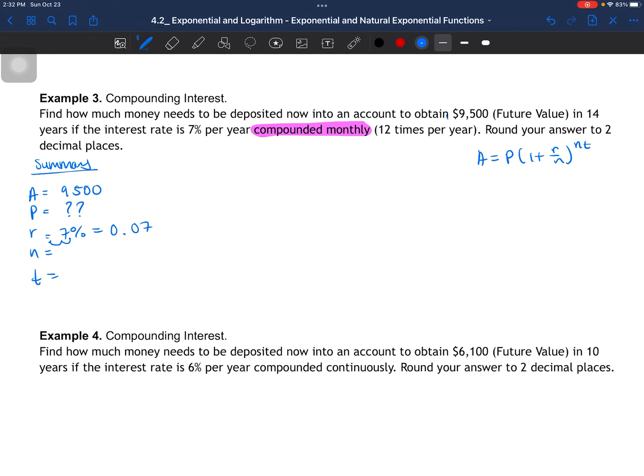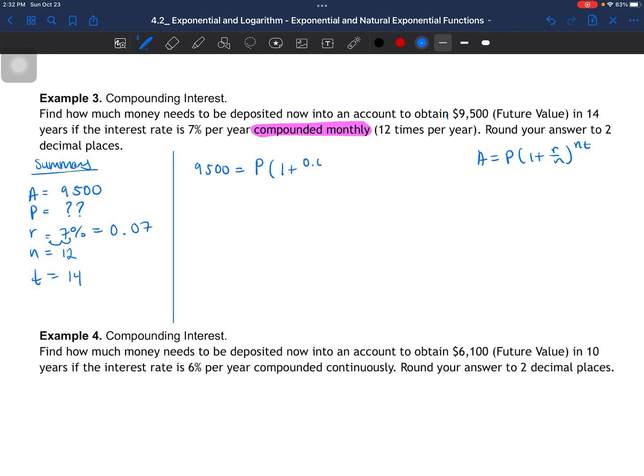If the rate in this example is 7%, which we turn into decimal form, it will be 0.07. And this is compounded monthly, so the period is a month, and we know that there are 12 months in a year. How many times does this period happen a year? 12 times, and we're doing this for 14 years.